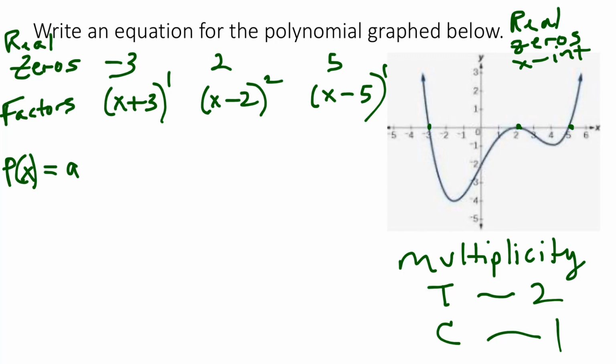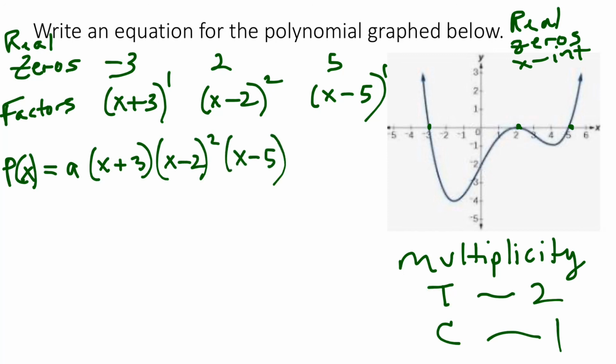But I do know my factors are x plus 3 to the first power, x minus 2 squared, and x minus 5 to the first power. Now I need a point so I can substitute x and y in and figure out what that variable a is. So x is 0, y is negative 2 will work.